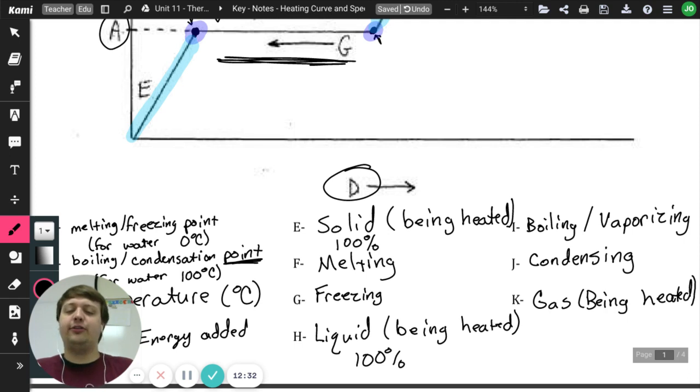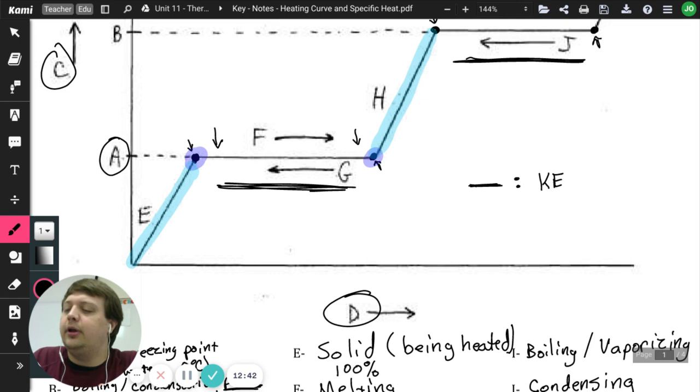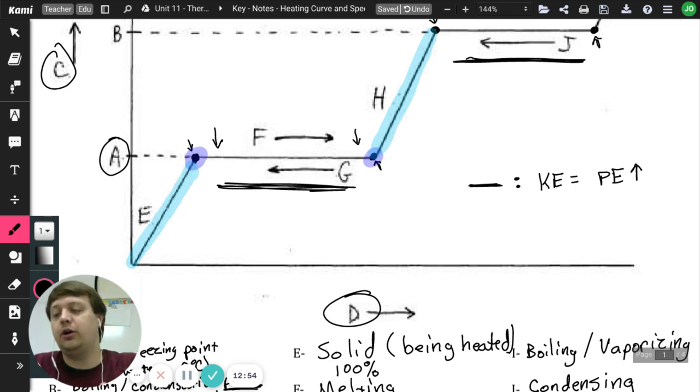So some other things to note on here. On your horizontals, our kinetic energy is going to stay the same. But our potential energy is going to either increase or decrease depending on if I'm a heating or a cooling curve.